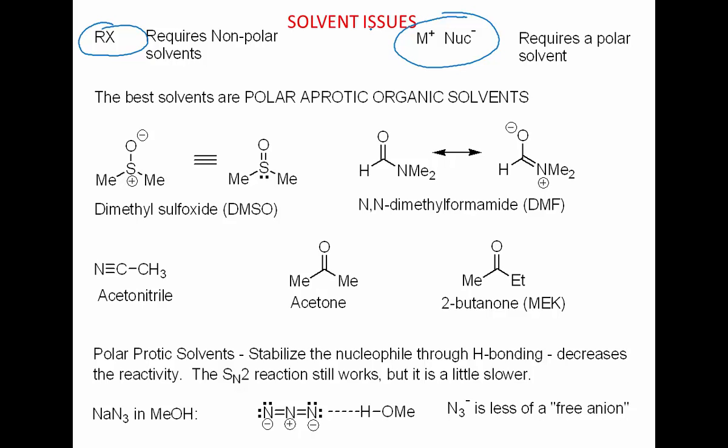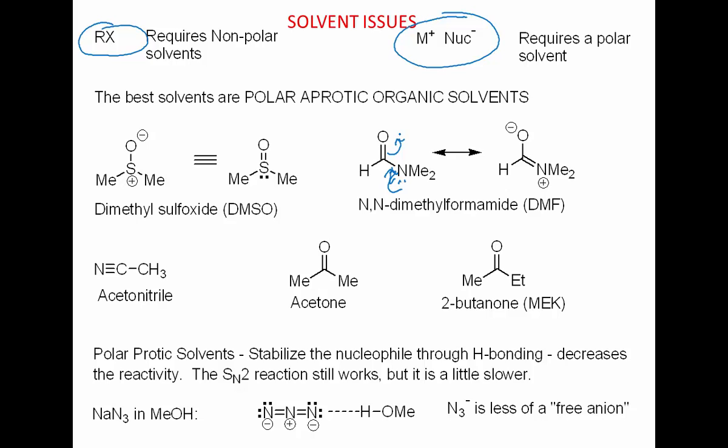Because of this important resonance structure here, let's just go ahead and draw the arrows. Oops, the arrow was a little bit off there, sorry. This ends up being also a very polar compound. Acetonitrile, shown here, has a very strong dipole, and that accounts for its polarity.